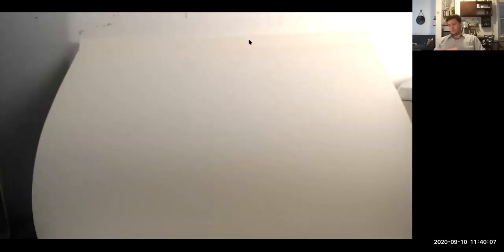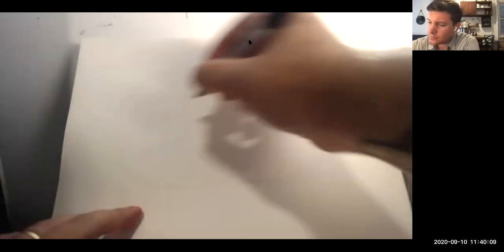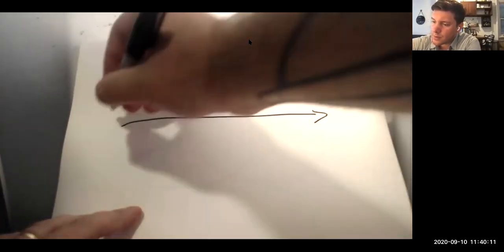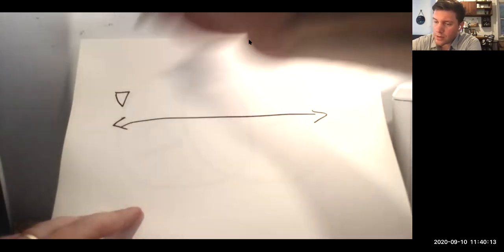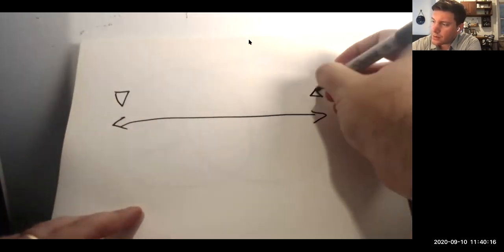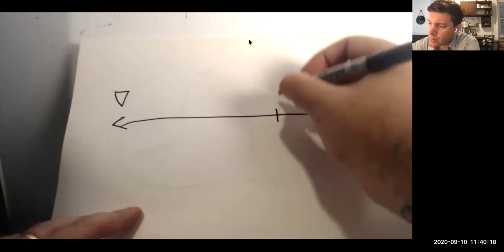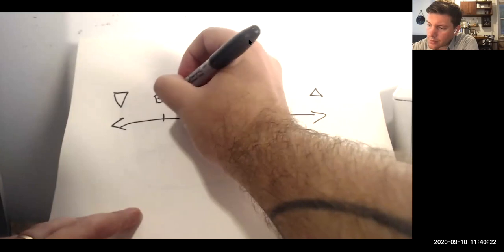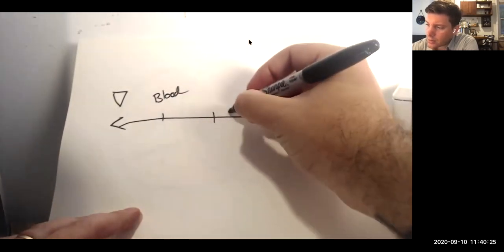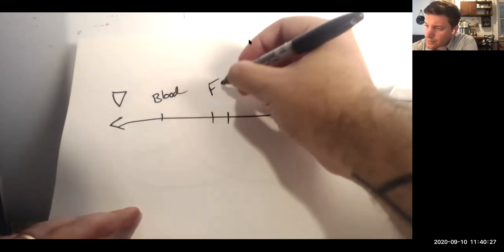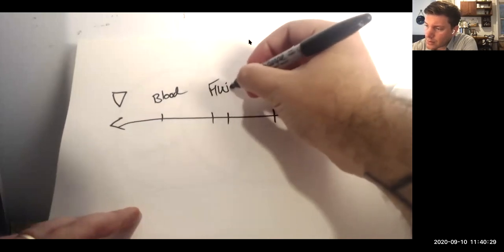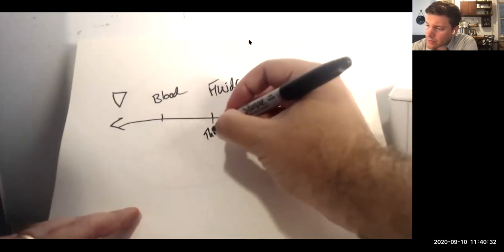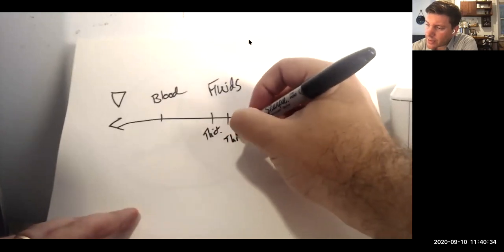So when we're talking about a person, we have the spectrum, yin on one side, yang on the other, qi, blood, fluids in the middle, with this being thick fluids and this being thin fluids.